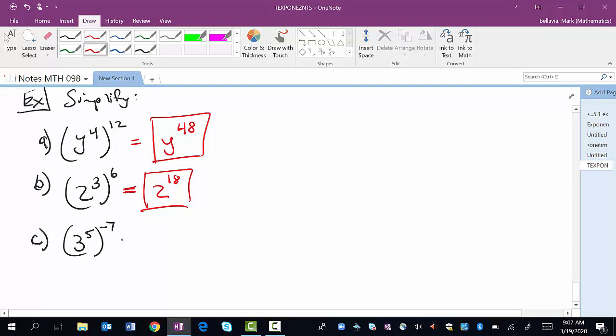The way I would approach it is probably using our power to a power rule. So identify the base. The base is 3. The power to a power, we have 5, and then times -7, so that makes it -35. Now remember what I said earlier, you can't leave things in the form with a negative exponent anymore, because we want only positive exponents to be simplified completely.